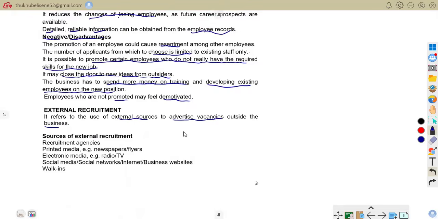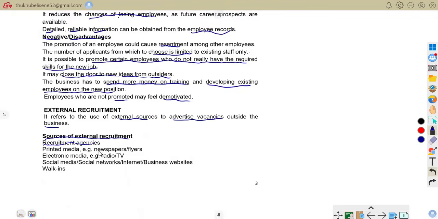Now we are on sources of external recruitment. We are talking about recruitment agencies. We can make use of agencies that are going to be a link between the employer as well as the client, the employee.